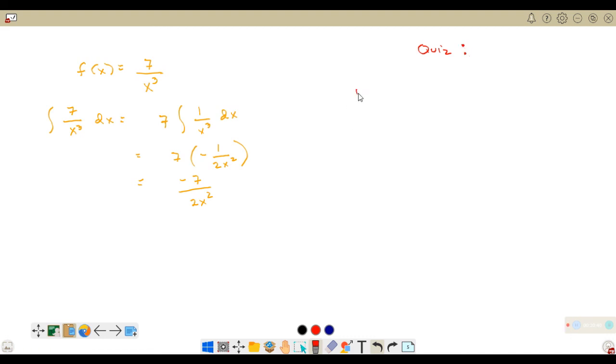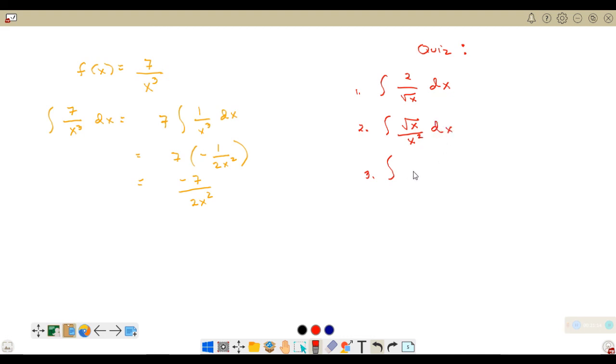So, for your quiz, please get the integral of these three functions. 2 over the square root of x dx, square root of x over x squared dx.